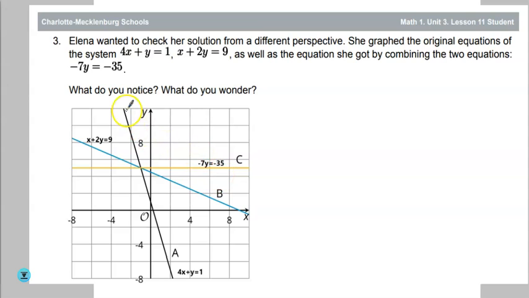What I notice is these two, the black line, which is the 4x plus y equals 1, and the blue line, are the two lines that we graphed at the beginning. And we found that intersection, which is -1, 5. We know that point. And then when she subtracted the two equations, this is the equation she got. And when she graphs it, it goes right through that point.